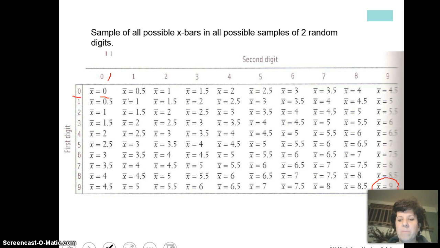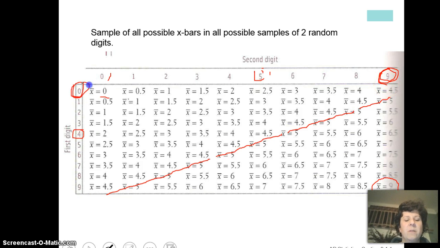So notice the X bar that's occurring the most is going to be all these 4.5s through the middle. 4.5 is the average of this 5 and this 4, but as well it's the average of this 9 and this 0. So that's all the possible X bars we could get.